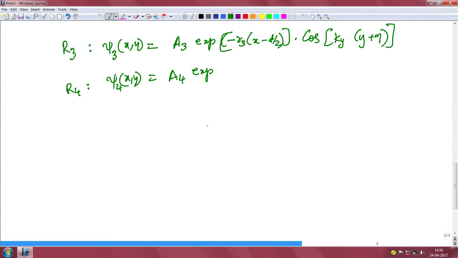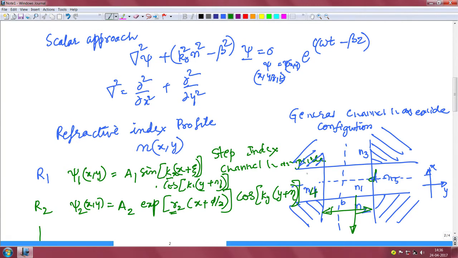so in the region 4 here it is oscillatory with respect to x and exponentially decaying with respect to y.